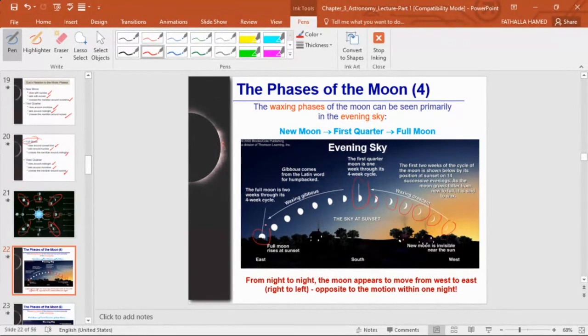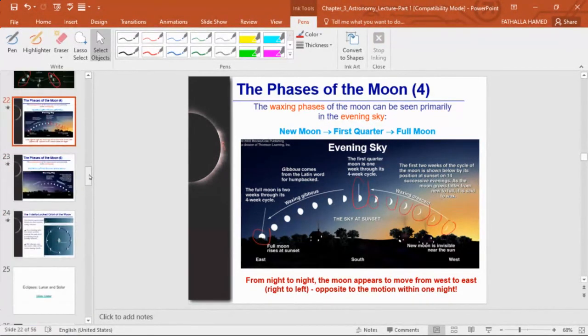So that's what you see in the night sky, and as you can see, every night the moon is moving toward the east. So those who have good experience with this can basically tell what day we're in. Okay, and sometimes you can correct for the lunar month.